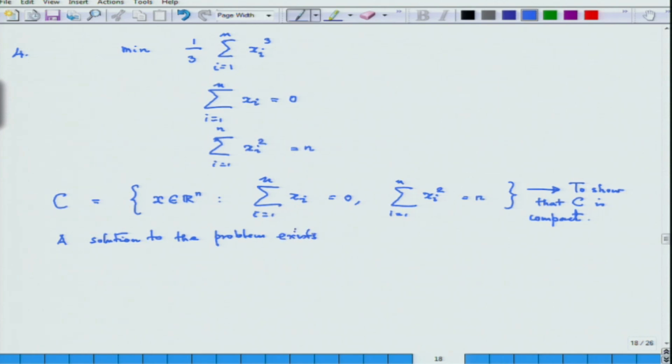Now, consider this as G1 of x and consider this as G2 of x. I am now going to ask whether these are linearly independent. G2 of x means, of course, this minus n.